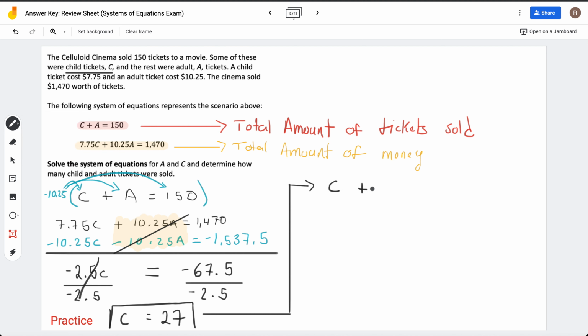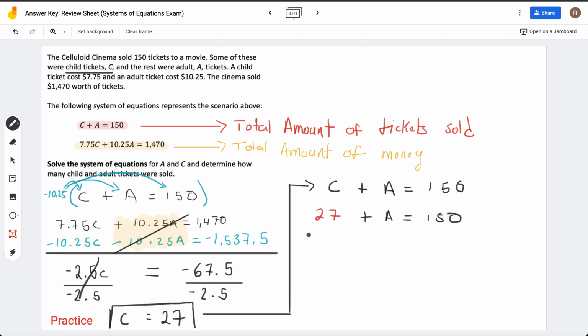C plus A equals 150. We know that C is equal to 27, so we plug in 27 for C. So instead of C, we write 27 plus A is equal to 150.